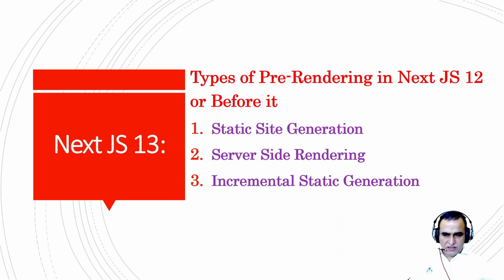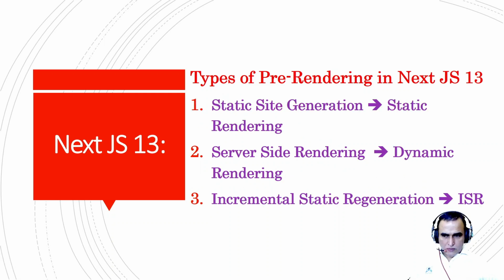Incremental static regeneration is a mix of these two, meaning some pages are generated at build time and some pages are generated on the server on request, and for that we have some time duration. After a certain time this regeneration process starts, and some pages are generated dynamically with the help of incremental static regeneration.